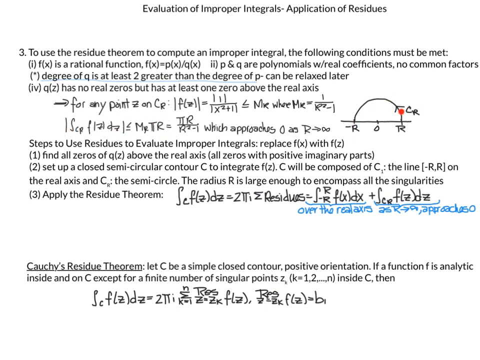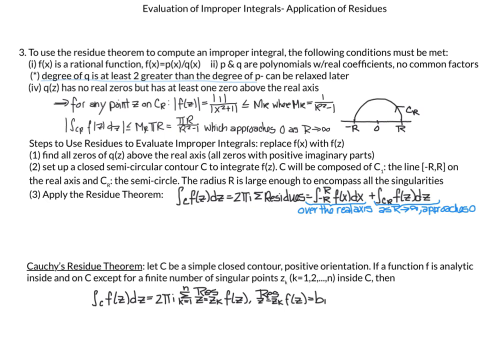And over this semicircle, the length is always going to be pi r. So what we needed for this to approach 0 as r approaches infinity is we needed the exponent on the r in the denominator to be greater than the exponent of the r in the numerator. And that's why the degree of Q has to be 2 greater than the degree of P.